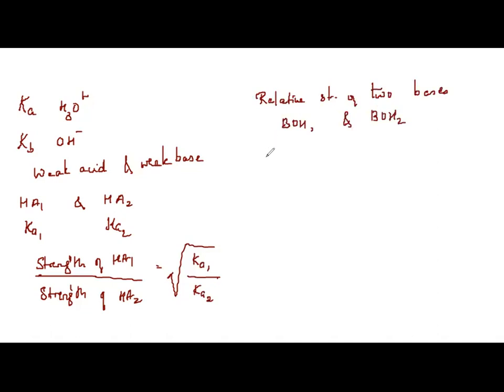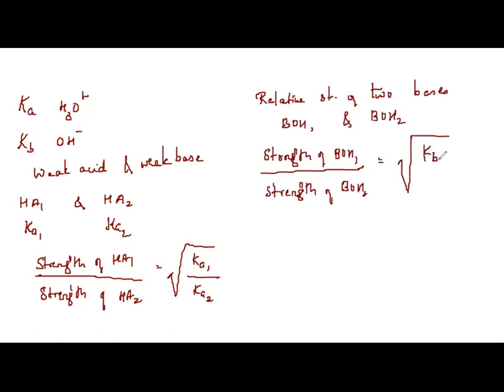If I want to calculate the relative strength of BOH1, because OH- is there, therefore it is a base, to the strength of the second base, it will be equal to the root of the dissociation constant of base 1 to the dissociation constant of base 2. We write it as a subscript here. So this is how we find the strengths of acids and bases.